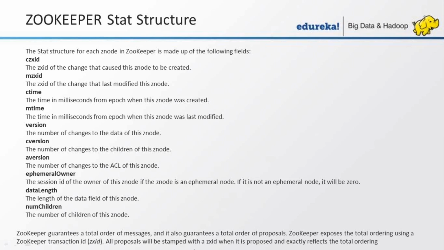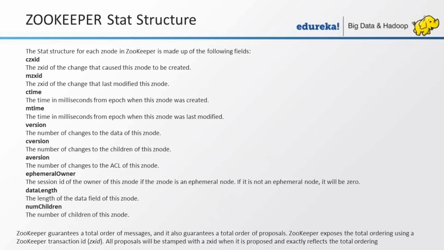It guarantees a total order of proposals. Proposals are nothing but transactions here. So ZooKeeper exposes the total ordering using a ZooKeeper transaction ID. All proposals will be stamped with a ZXID when proposed and exactly reflect the total ordering.